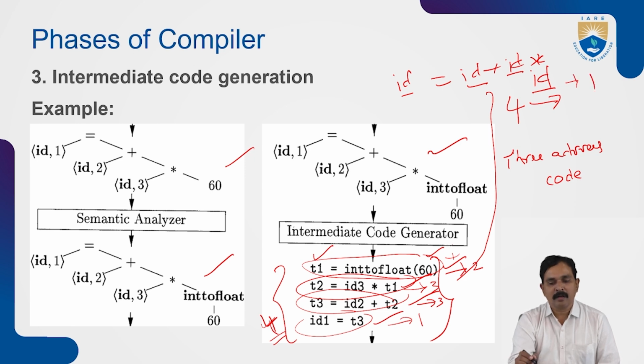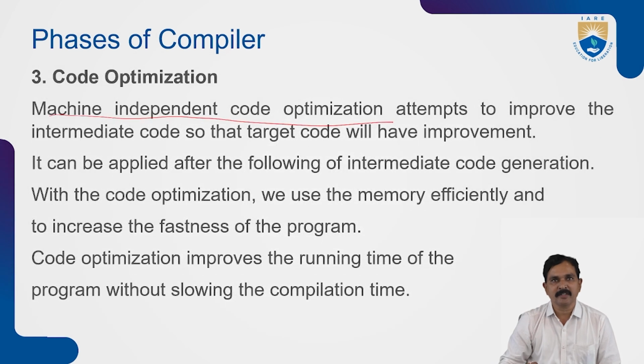Because of the many operands, we have done this intermediate code generation. However, the number of operands is reduced in the simplest statements, but the problem is that the number of simple statements may increase. So you want to reduce this value from 4 to 2 or 4 to 3. In that case, you may apply the code optimization technique.